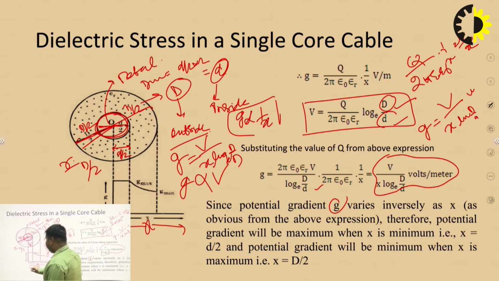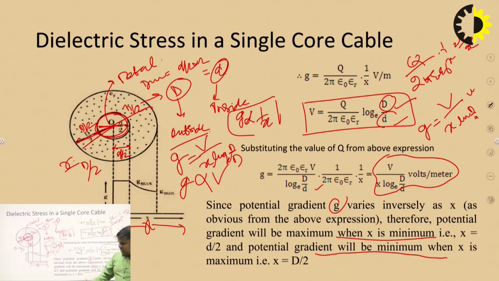It is inversely proportional. Since the potential gradient G varies inversely with x, as is obvious from the above expression, the potential gradient will be maximum when x is minimum, that is x equal to d by 2. The potential gradient will be minimum when x is maximum, that is x equal to capital D by 2. We may easily conclude this.